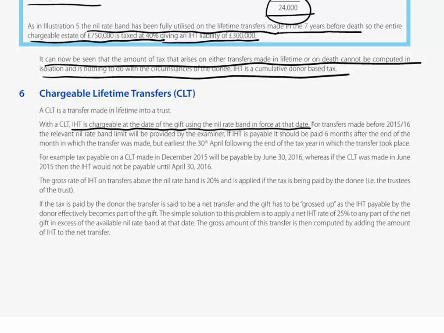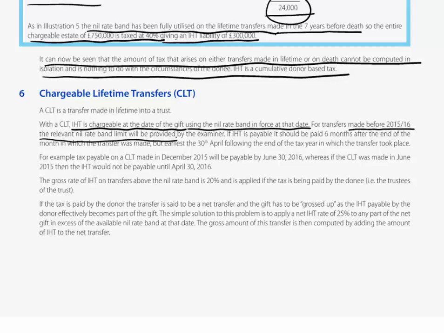As again we said in, I think, a previous session, if the taxpayer made a transfer into a trust in 2004, then the only nil rate band and the only tax rates you could have used were the ones in force at that date. So for transfers made before 2015/16, the relevant nil rate band limit will be provided for you. That will be given by the examiner on your rates and allowances page, or indeed within the question itself.